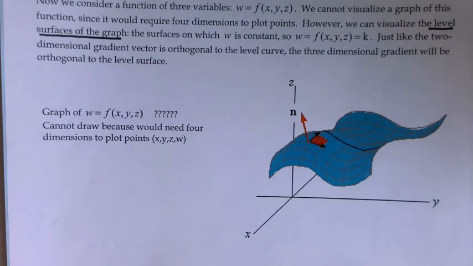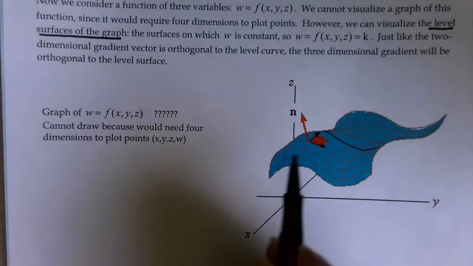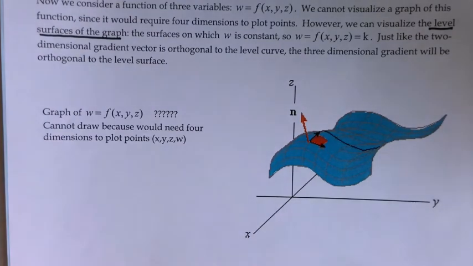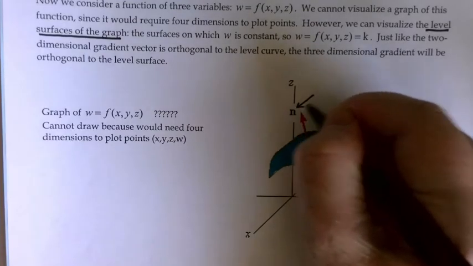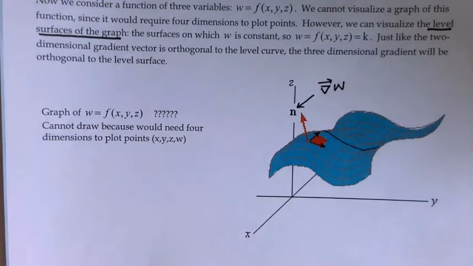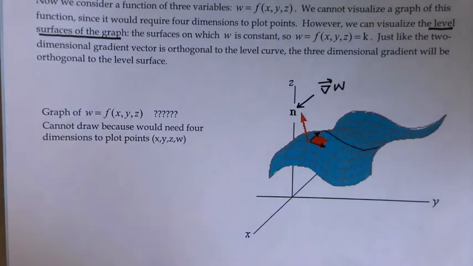Since in the two-dimensional case our gradient vectors were perpendicular to the level curves, it seems logical to assume that in this case our three-dimensional level surfaces will have the gradient vector as their normal vectors as well. So that's what we're going to do. We're going to get the normal vector that we need by simply taking the gradient vector of the level surface.